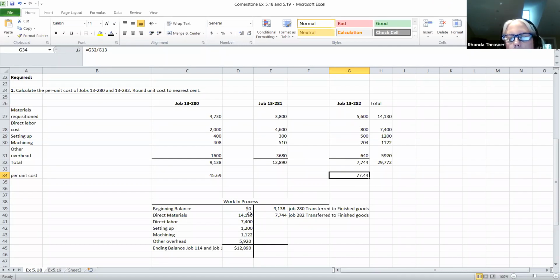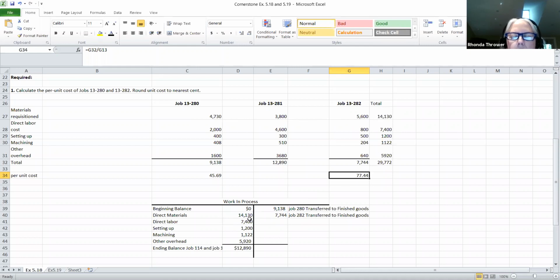So the work in process has a 0 balance. We did add materials, and that materials came from the total that they had given us for each job. I just made that column there and totaled up all the materials.